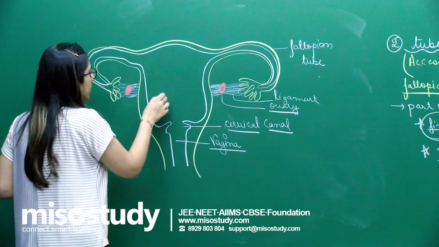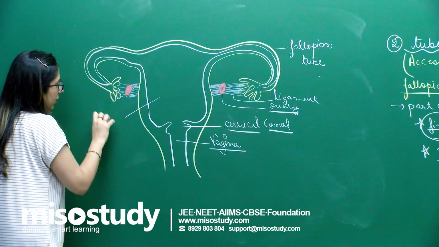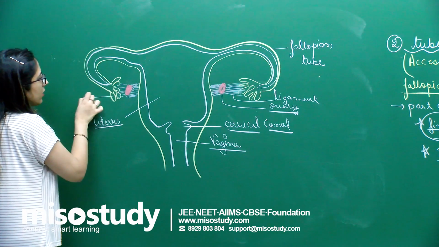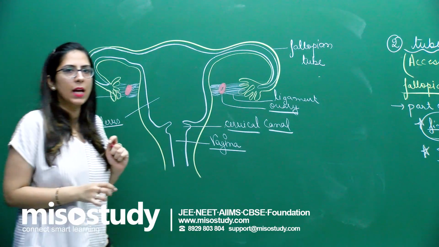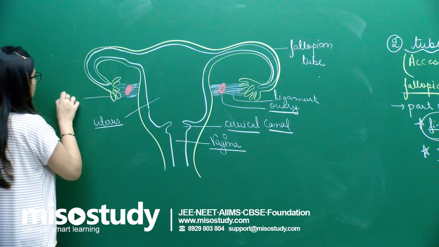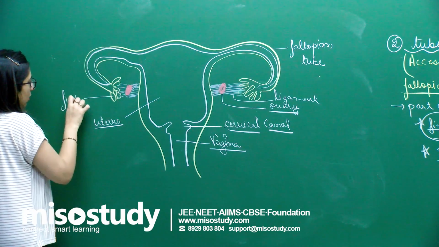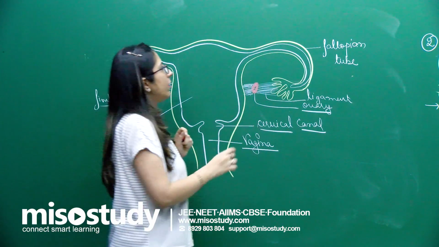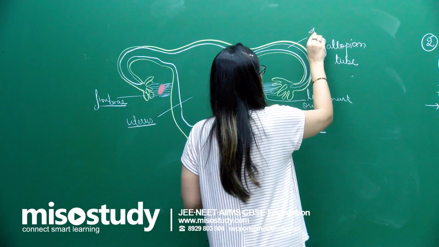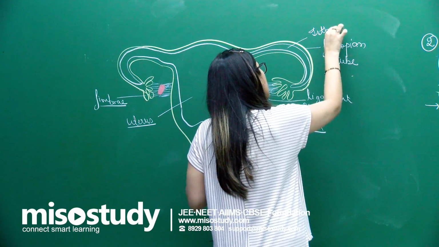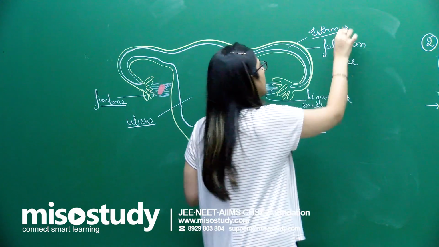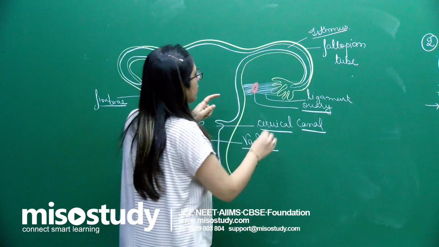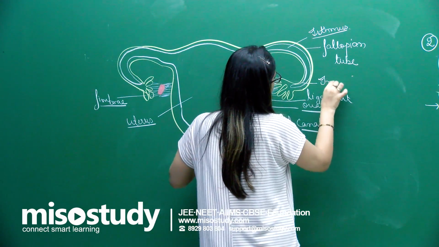This pear-shaped structure is called the uterus. This finger-like projection is called the fimbriae. After that, in the fallopian tube, we have one region called the isthmus, right? And this structure is called the infundibulum.